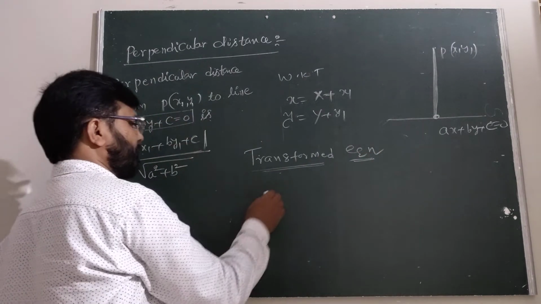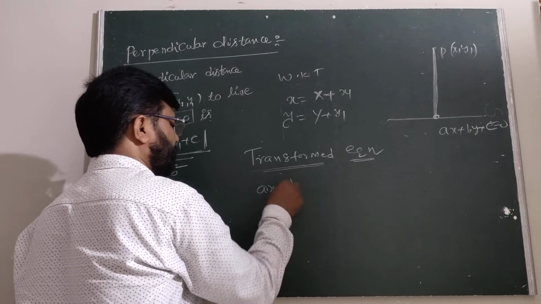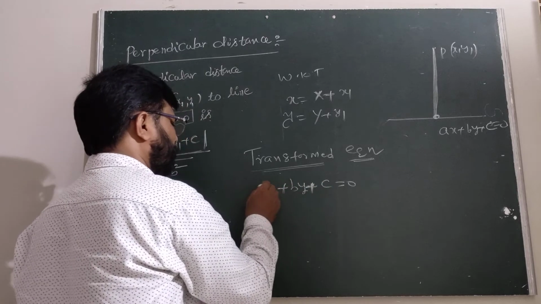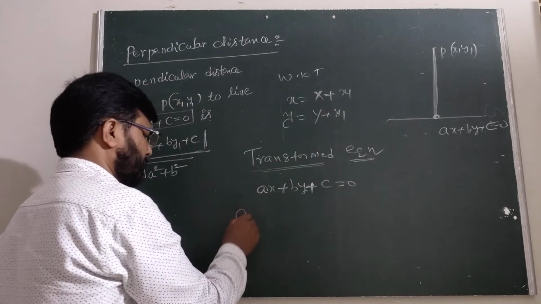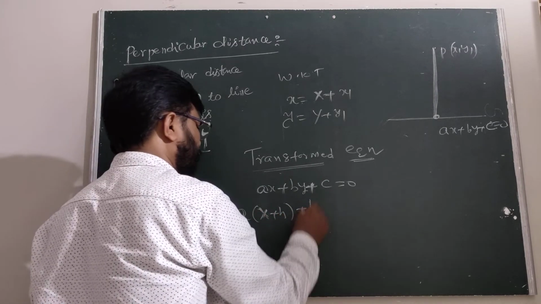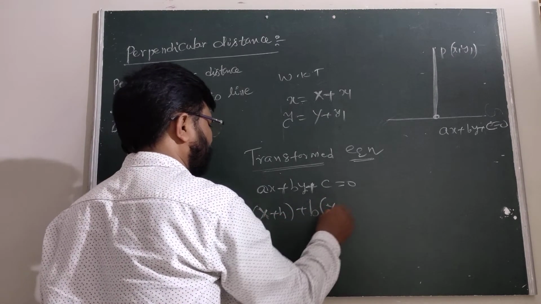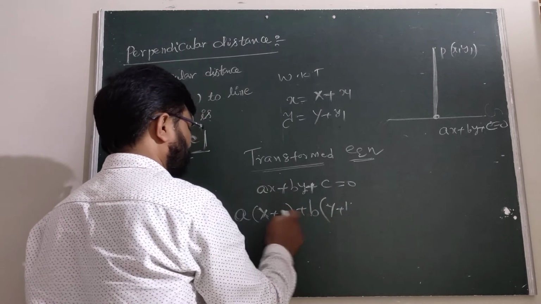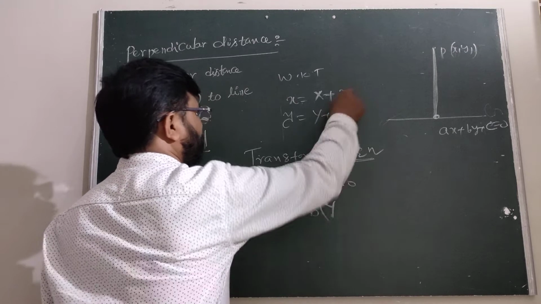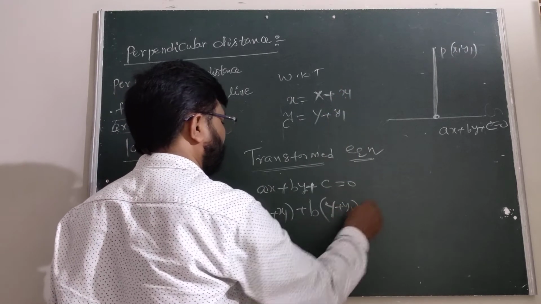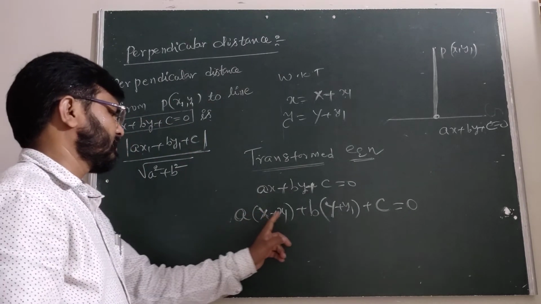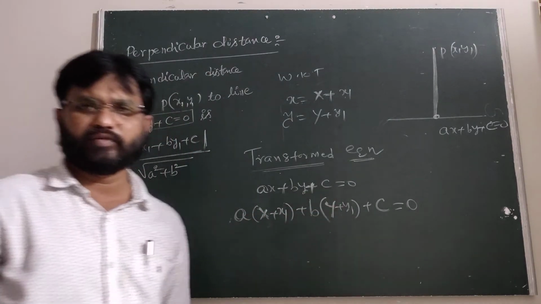What is the given equation? The original equation is ax plus by plus c equal to 0. Now we substitute small x as capital X plus x1, and small y as capital Y plus y1, so a into (capital X plus x1) plus b into (capital Y plus y1) plus c equal to 0. Is it clear?